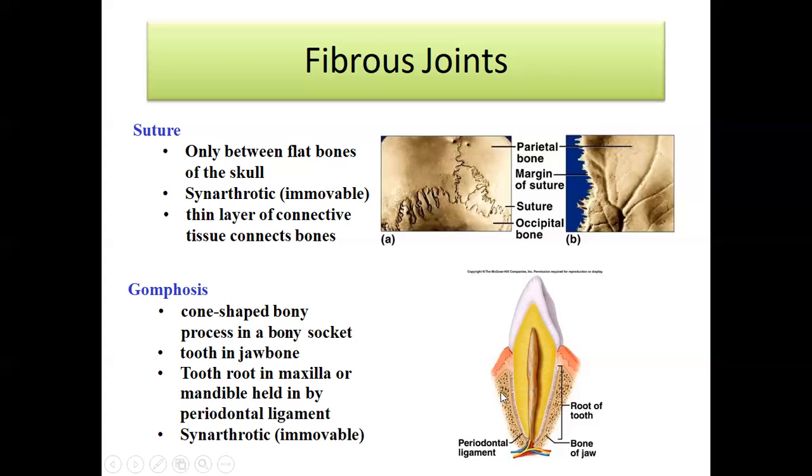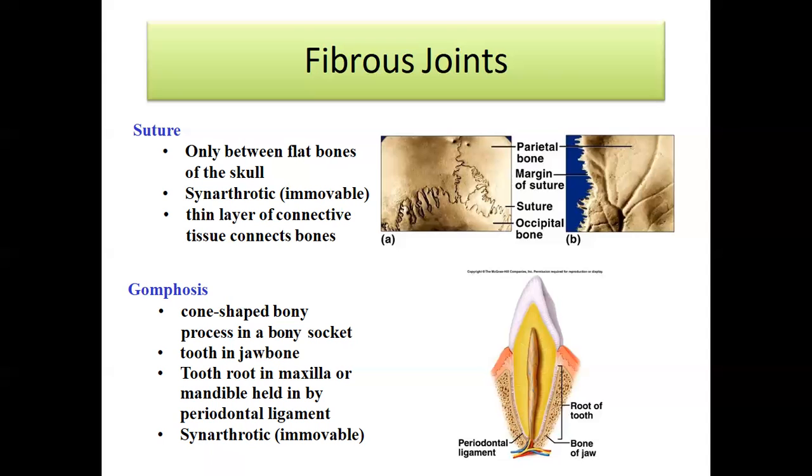So if you notice here between the bones in the skull, in the jaw, and the tooth, you have these ligaments that hold the two structures together. This is also a synarthrotic joint, also known as an immovable joint.